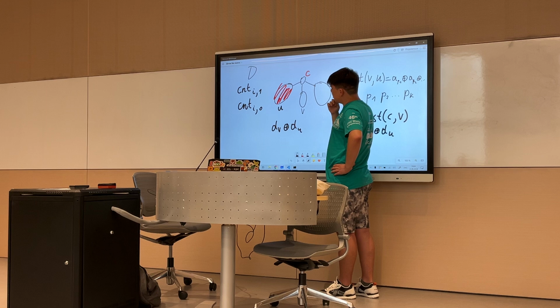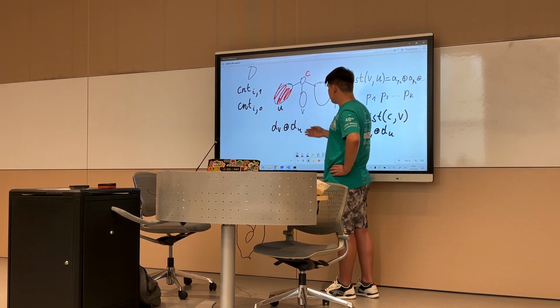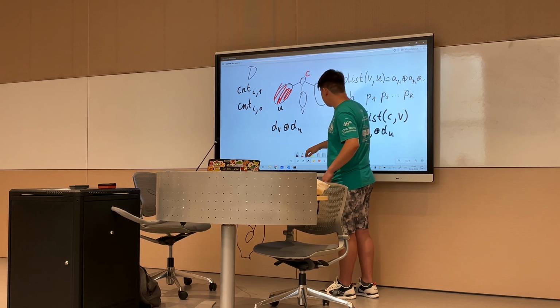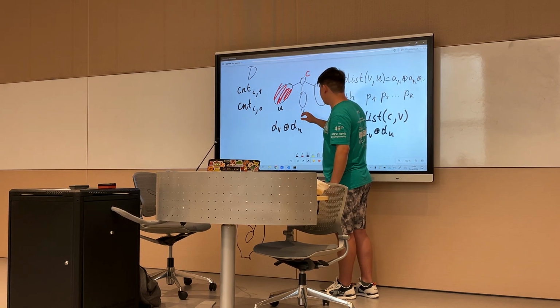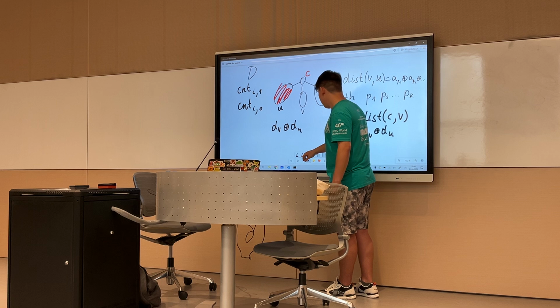Then after we store those cnt arrays, we can calculate our answer very easily. For fixed v and fixed i, we just need to look at the i's bit of vertex v.